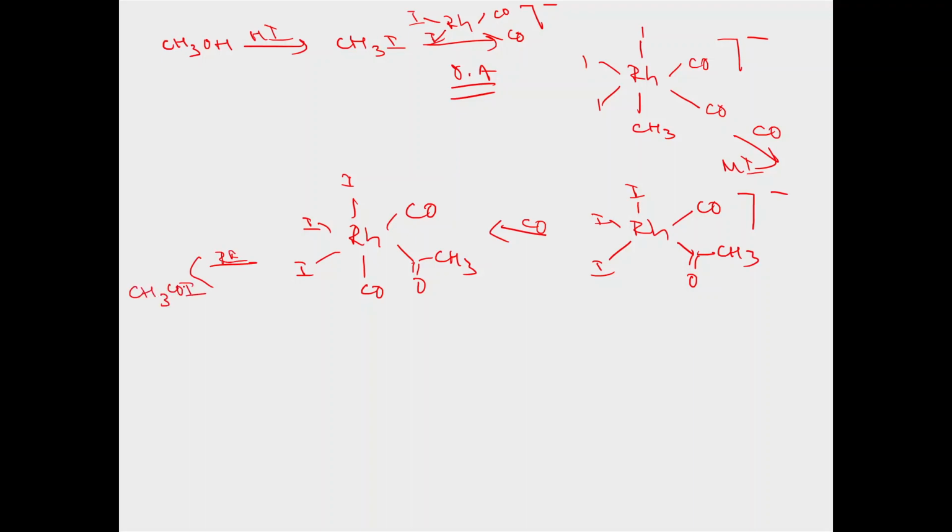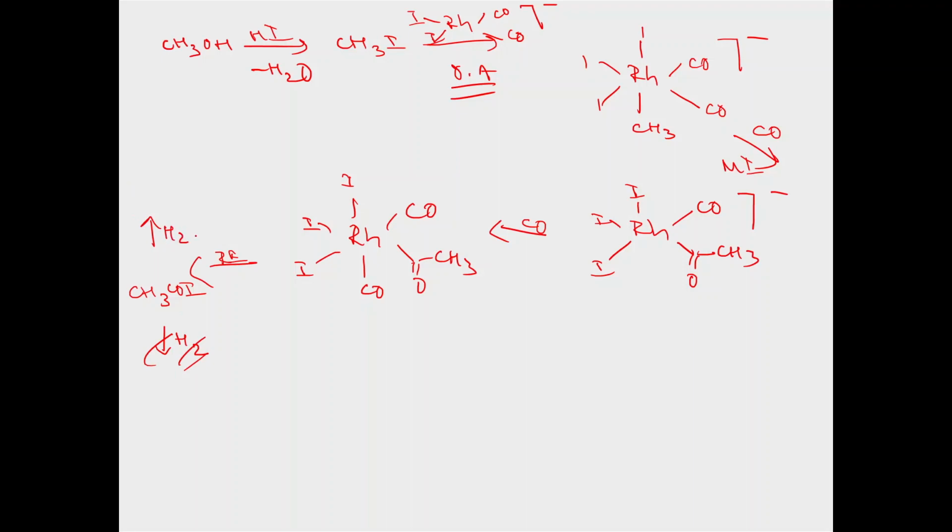And from here, reductive elimination takes place to give CH3COI, and this CH3COI will further react with water. So how is water coming? Because it came in this step, where H2O was released. Let me draw it.